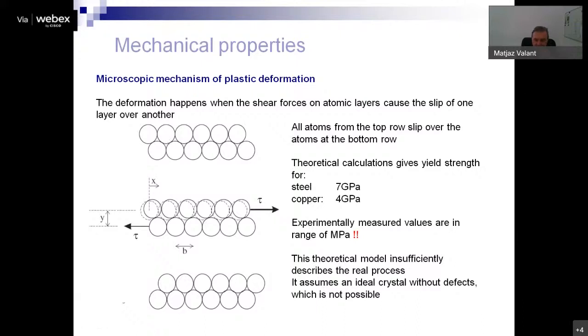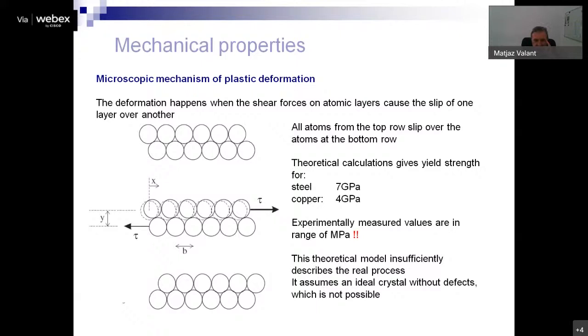If we pull them apart, they can slip one over another, as shown here. So we apply some kind of shear force on these layers, and they just slip and move, as shown here, for one atom line over the bottom layer.